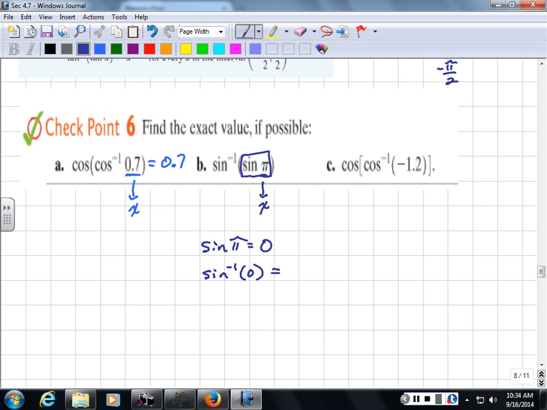Well, if we remember our definition, the inverse sine of 0 is equal to my theta, which means that the sine of theta is equal to 0. What theta do I have that gives me a sine that's equal to 0? 0 and pi. So therefore, what's the inverse sine of the sine of pi?